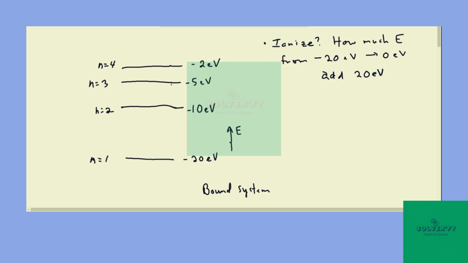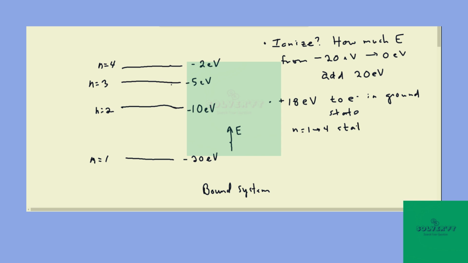The next thing to think about is suppose someone added 18 electron volts to the electron in the ground state. Okay, so clearly what will happen is the electron will get boosted up to the n equals 4 state.